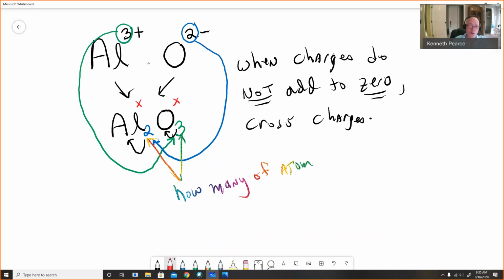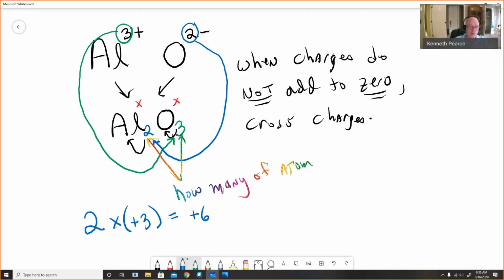Now I can tell you what our goal here was. Our goal was to get the charges to add up to 0. So now I have 2 aluminums, and each aluminum has a +3 charge, and that equals +6.